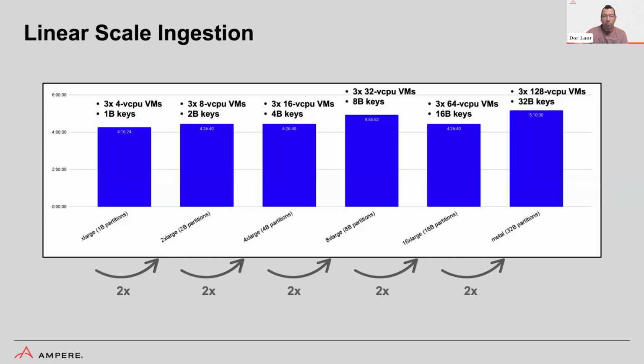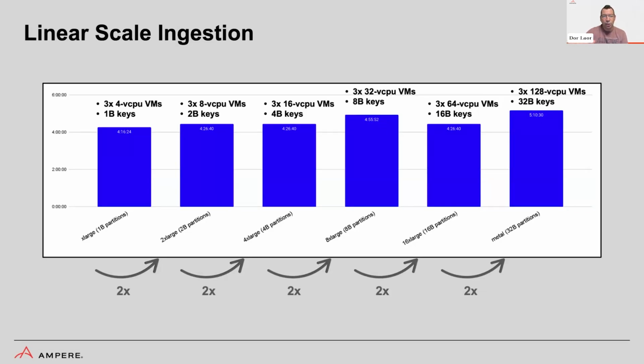Next to them, you have 3 machines of double the size, 8 vCPUs, and we also doubled the volume, and so forth until you go to the machine on the right-hand side, which is really big: 128 CPUs with 32 billion keys.